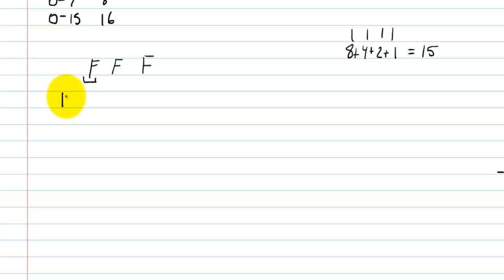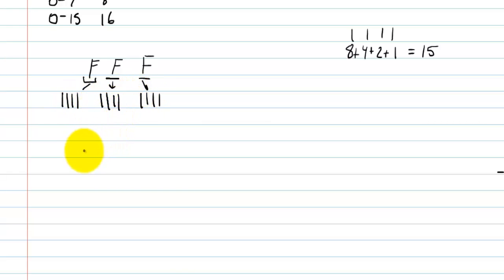For the first value, we'd get 4 ones. For the second one, it's exactly the same thing, so you'd write 4 more ones. And for the last F, it'd be another 4. So if we were to convert F, F, F into binary, we'd get 12 ones, just like this.